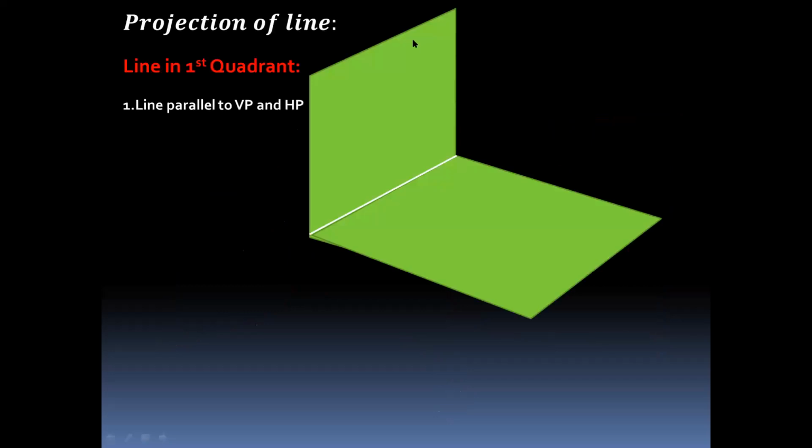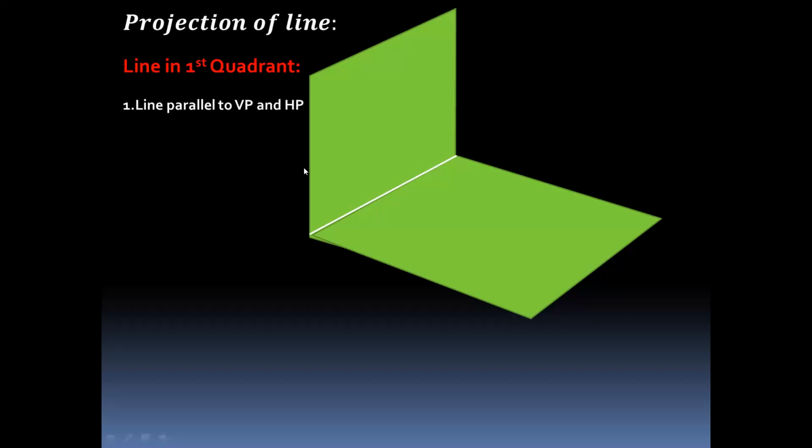So now we will see projection of line. In the projection of line, the first condition is the line lies in the first quadrant, and the condition given is line is parallel to VP and HP.